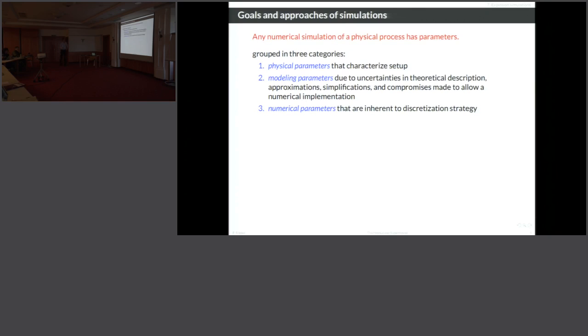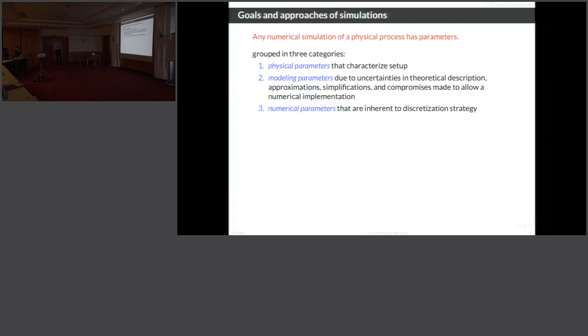Now, doing numerical simulations of thermonuclear supernovae, of course, as always, you have to deal with a number of challenges. Numerical simulations, of course, describe a physical process but have parameters in them, and the parameters could in principle be grouped into several categories. So the first category would be the physical parameters of the model.